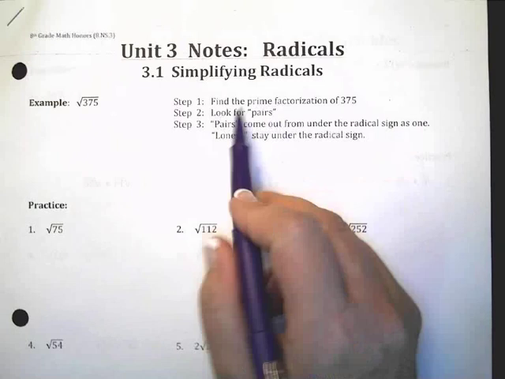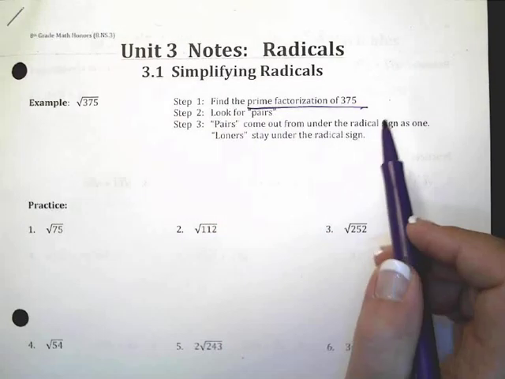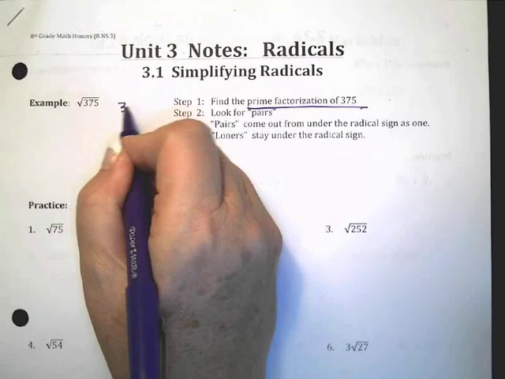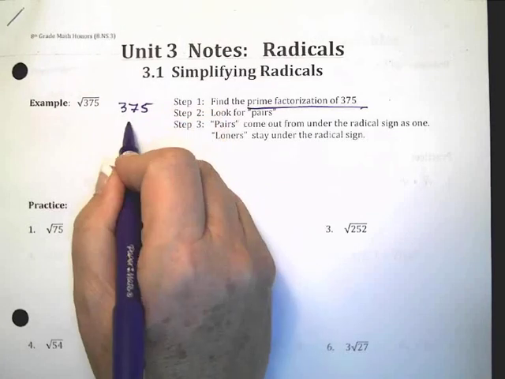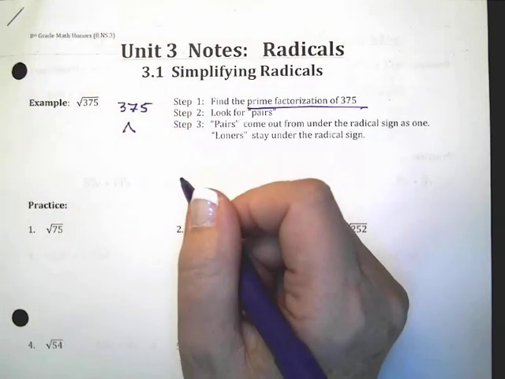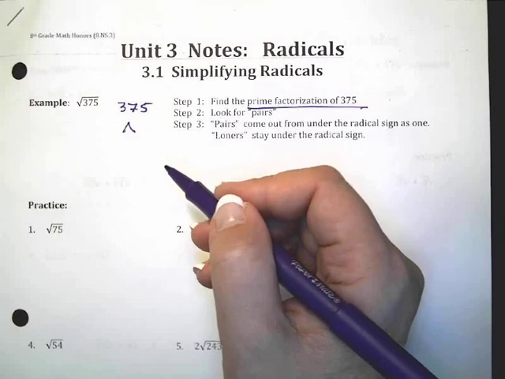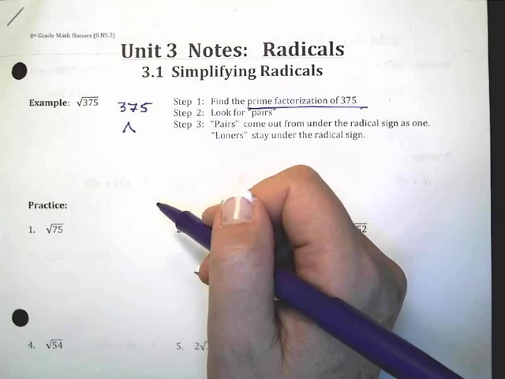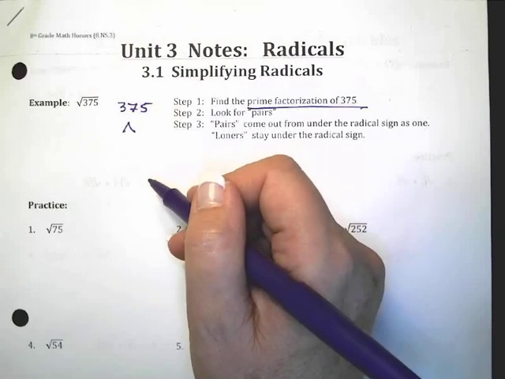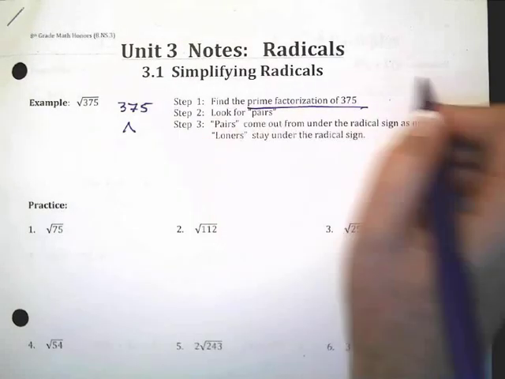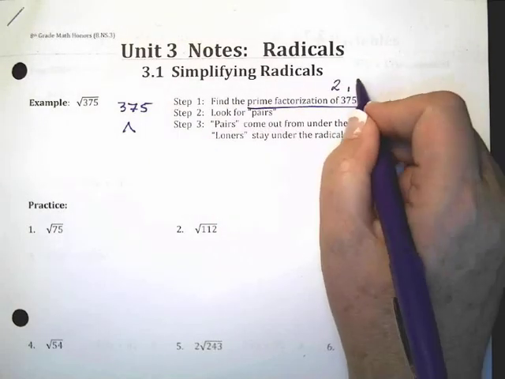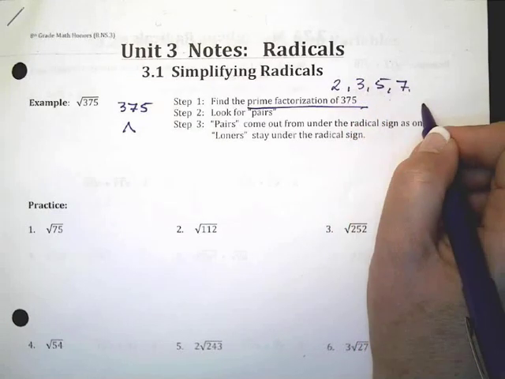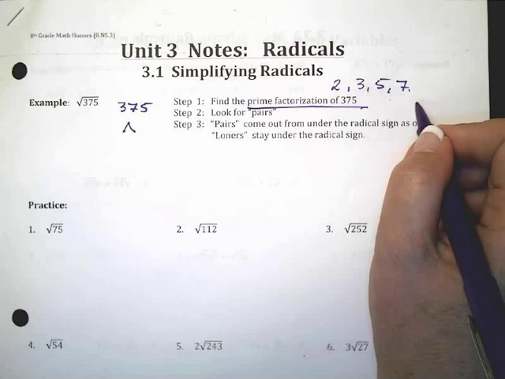The first thing we're going to do is find the prime factorization of 375. If you'll remember, that means breaking down numbers into products, numbers that multiply together to give us 375, and we want these numbers to be prime numbers. 2, 3, 5, and 7 are prime numbers. 9 is not a prime number because 3 and 3 go into 9.